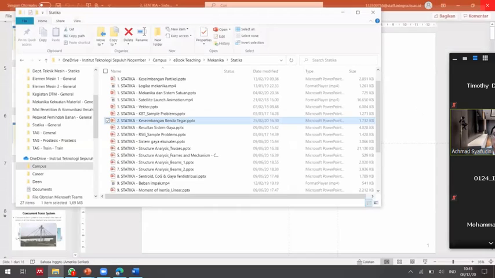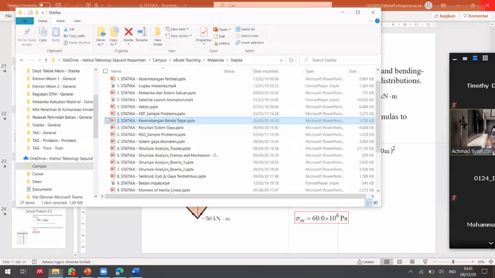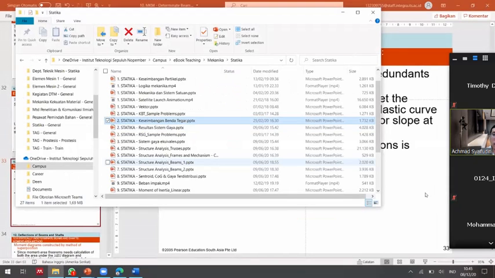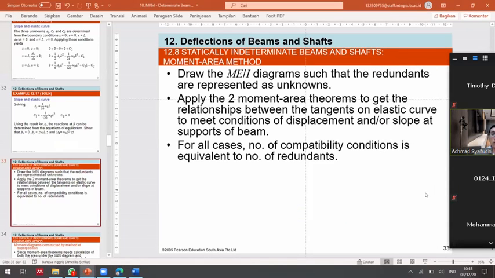Let's go back to the deflection problem. After you understand what an indeterminate structure or indeterminate beam is, our question is how to solve the problem, how to find the angle and the vertical deviation or maximum deflection of the beam if the beam has an indeterminate structure.